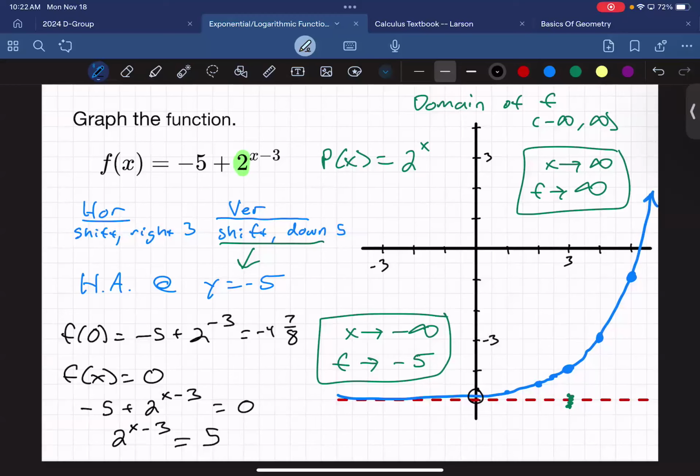We can't do this, but this is where the inverse statement will help us. We could write this, not all the time, and we're going to work on this more today, using the inverse statement: this is log base 2 of 5. Then we get something that gives us an x value by adding the 3 to both sides. Now, where is this at? Well, that's that value right here that we're focused on.